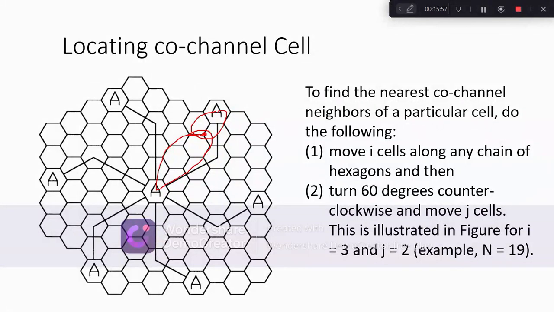That's the co-channel interference. So you must limit this to some distance as well as limit that to some distance, and there must be some marginal distance between the two in order to combat co-channel interference.